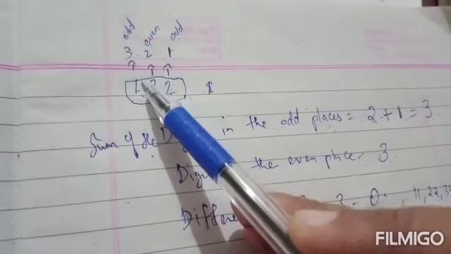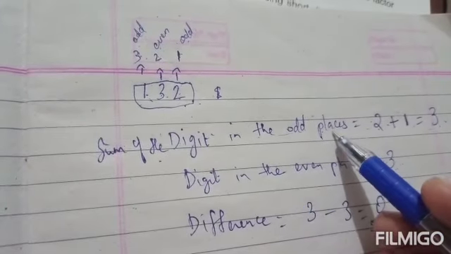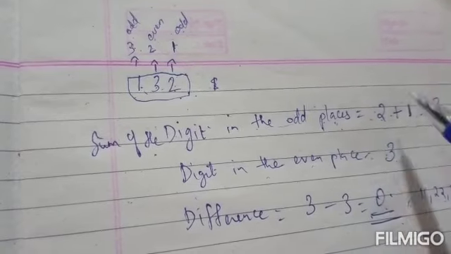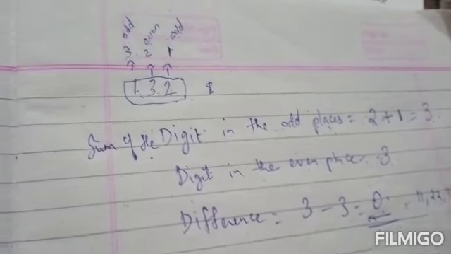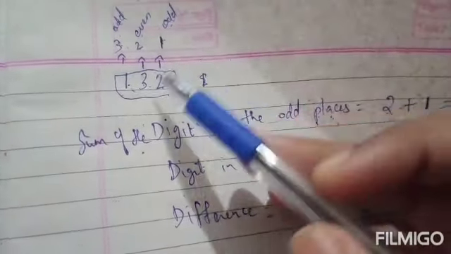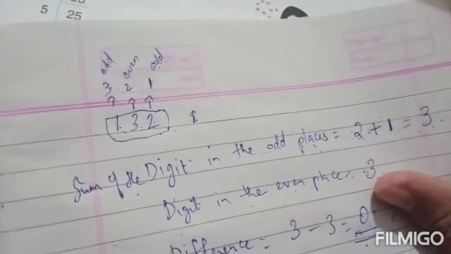That is, first find the sum of the digits in the odd places, then find the sum of the digits in the even places, then find their difference. If the difference is 0 or divisible by 11, then we can say that the number is divisible by 11. Let's take another example.